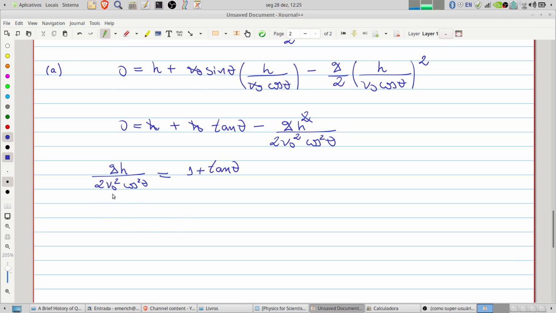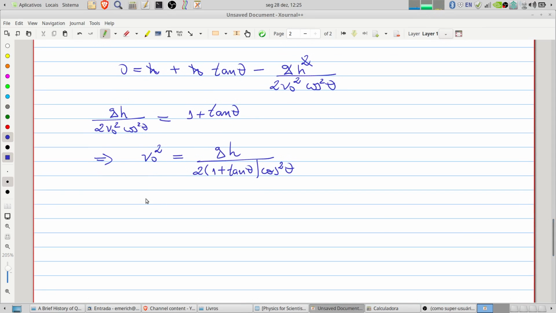And we want to isolate v0. Therefore, we can write that v0 squared will be g multiplied by h divided by 2, 1 plus the tangent of theta multiplied by cosine squared of theta.